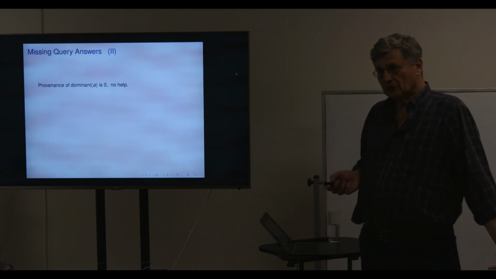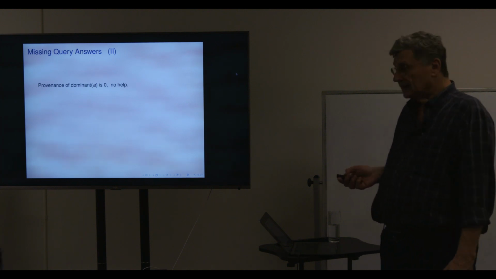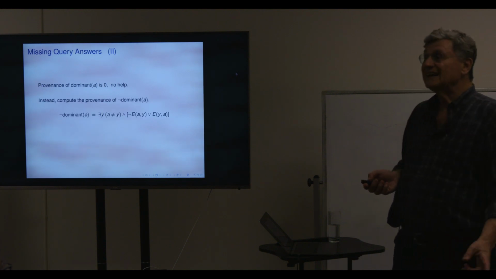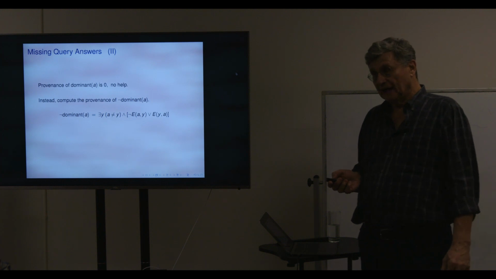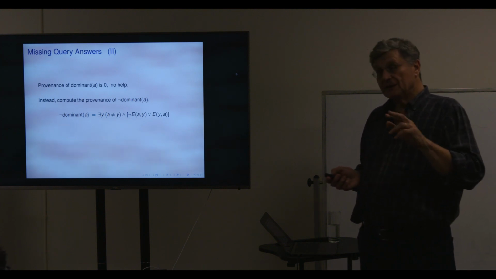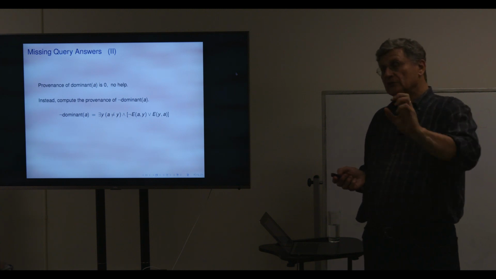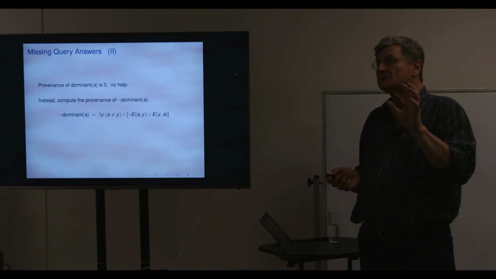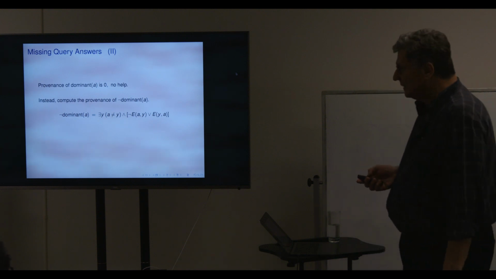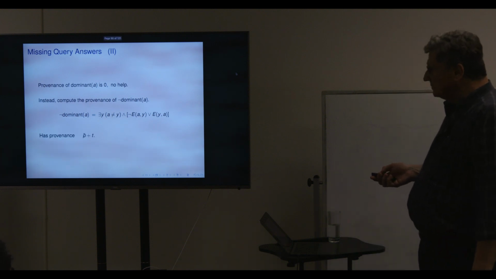So this is not how you're going to get explanations. You're going to get explanations by calculating the provenance of the negation of dominant of A, because that one is true. And this interpretation is going to give us a polynomial that will explain why that is true and therefore why the other one is false.